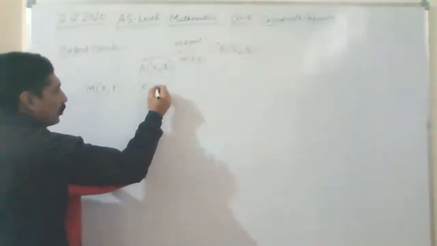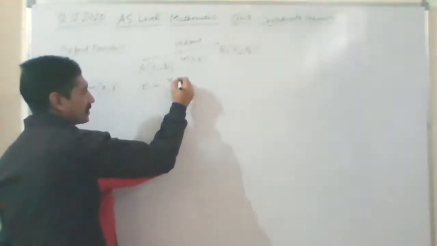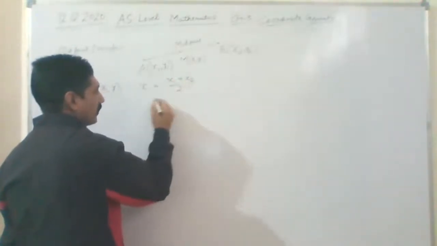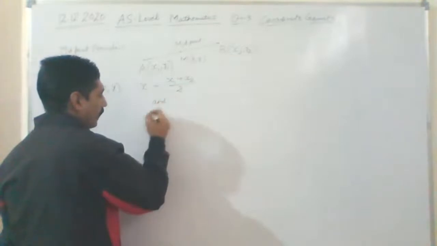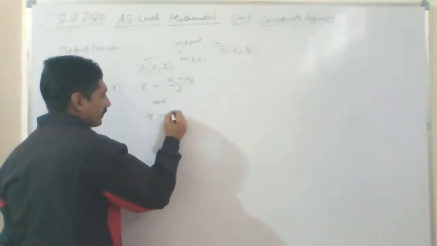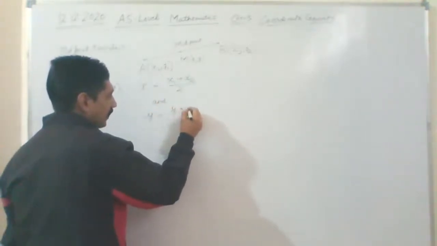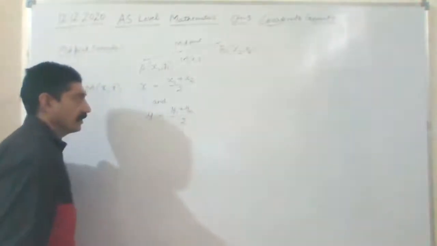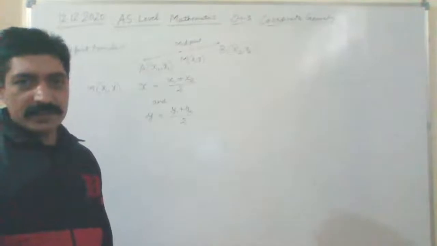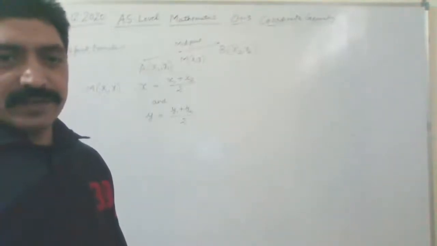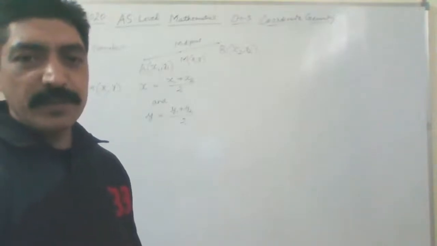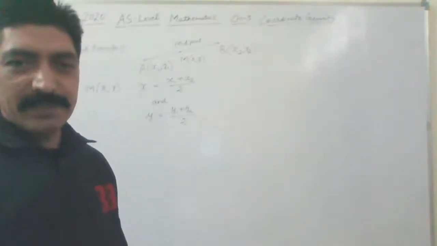X is equal to x1 plus x2 divided by 2, and the coordinates of y, they are same, y1 plus y2 divided by 2, right? So these x and y are the coordinates of the midpoint, where M is the midpoint of any line segment AB.